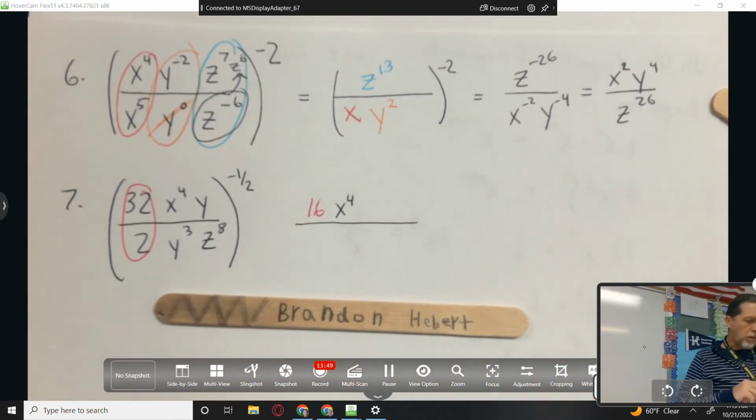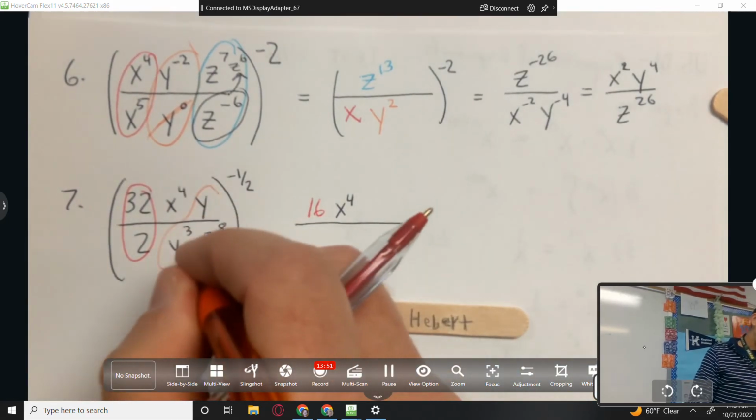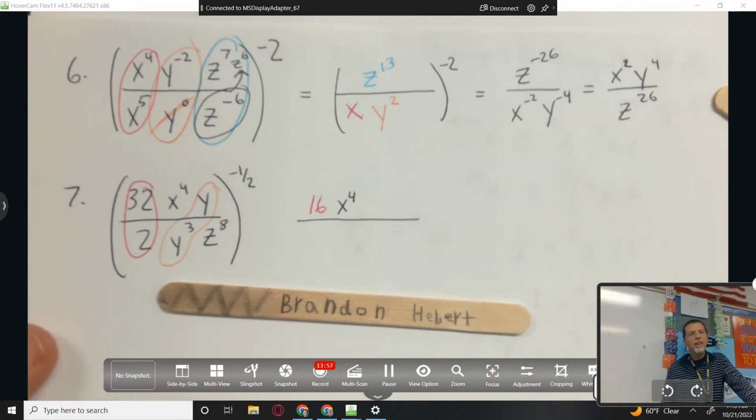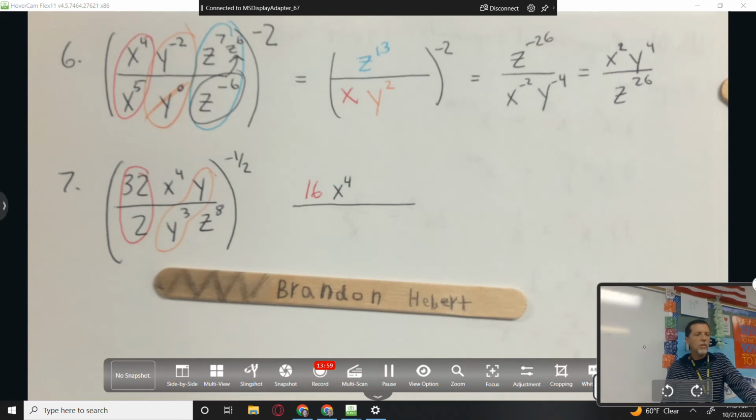What happens with the y's? How many do we have, and where are they? Y over y cubed. So there's 1 in the top, there's 3 in the bottom. Trying to get help there. 2. Do you know why there's 2 and where they're at?